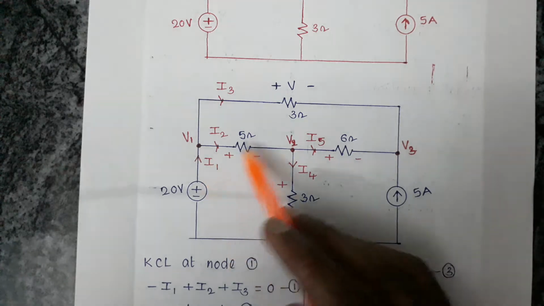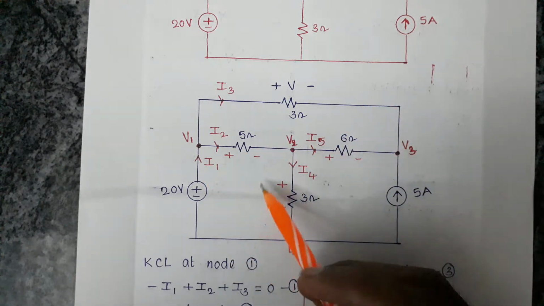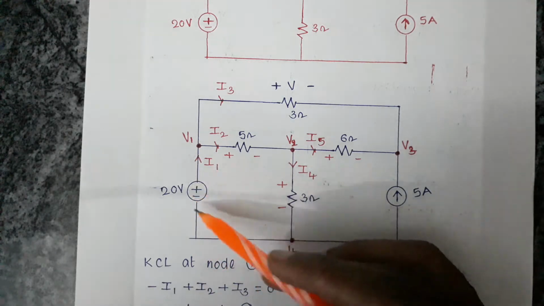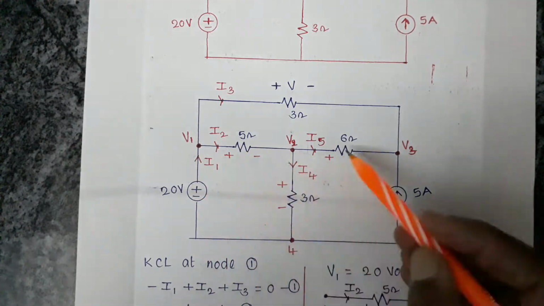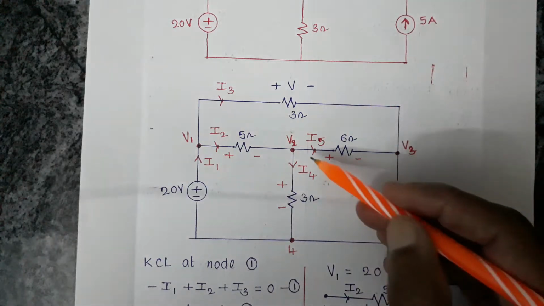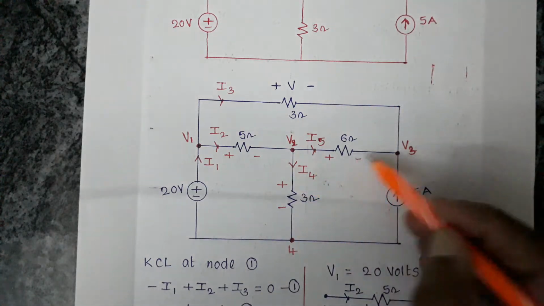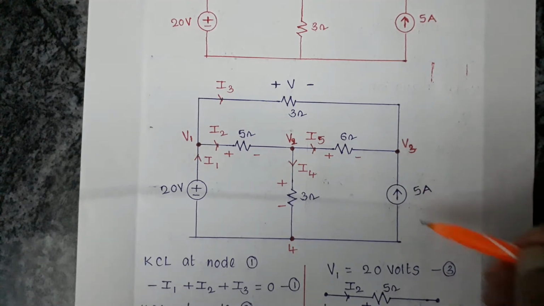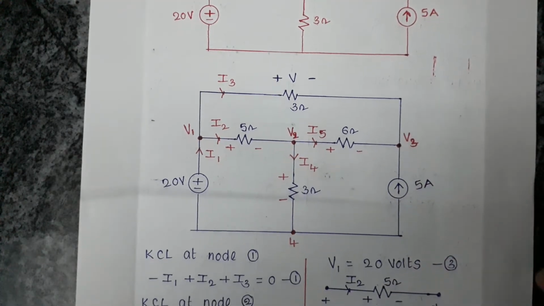Then assign branch currents in the branches. Let I1 be the current in this branch, I2 the current in this branch, I3 the current in this branch, I4 the current in this branch, I5 the current in this branch, and the current in this branch is 5 amperes, since it is a current source.